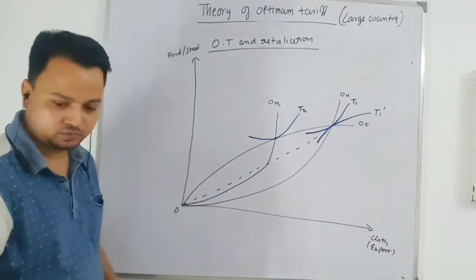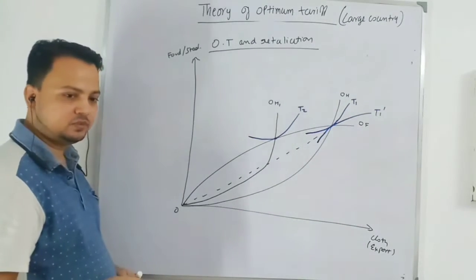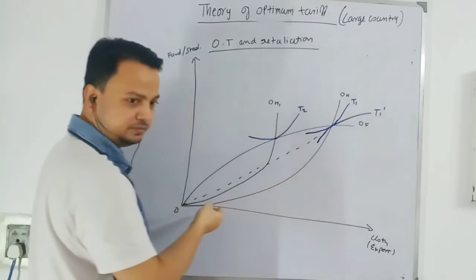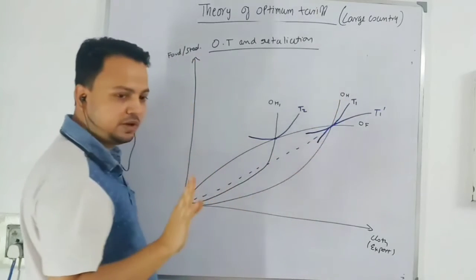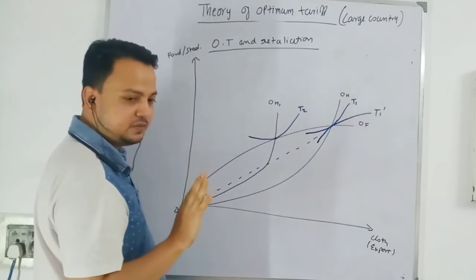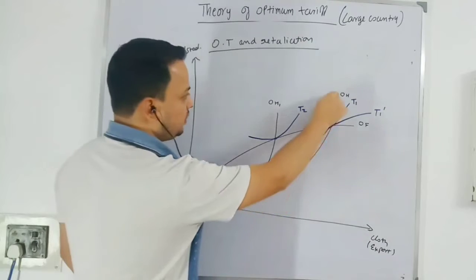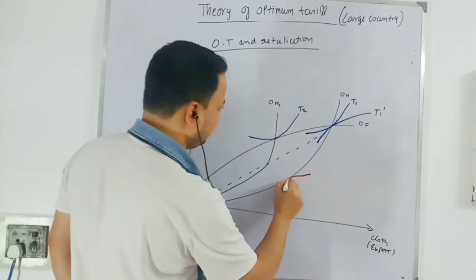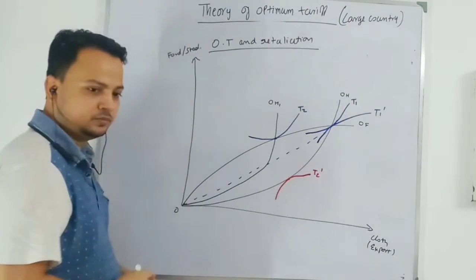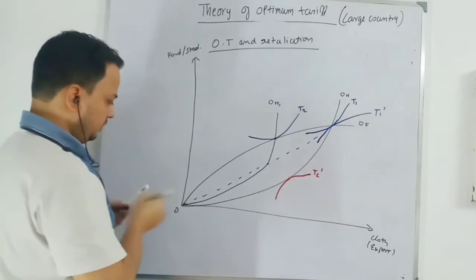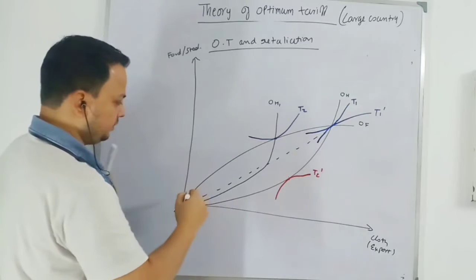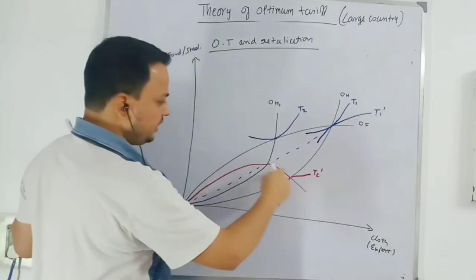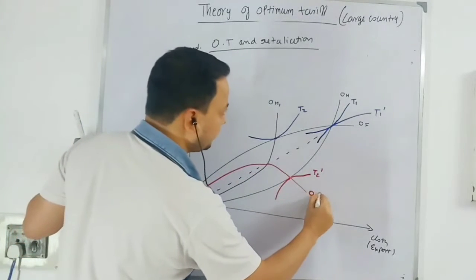So what will the foreign country do? The foreign country will set a tariff where its trade indifference curve is tangent to the offer curve of the home country. So the foreign country will set its trade indifference curve in such a way that it is tangent to the offer curve of the home country. Suppose this is here. So this is T2 prime. Let me use the red pen here. So this is the offer curve of the foreign country, say 2.